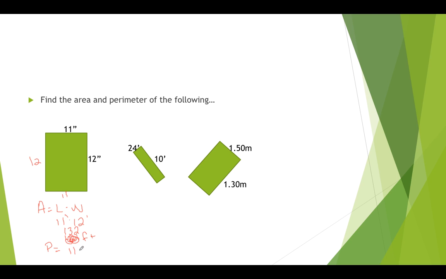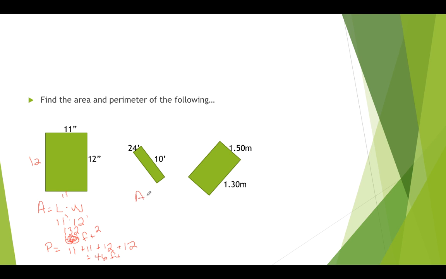All right, so 11 plus 11 plus 12 plus 12. 12 plus 12 is 24. 24 plus 11 is 35. And plus 11 more is 46. All right, and then I forgot, 132 feet, this should be squared because area is always squared.